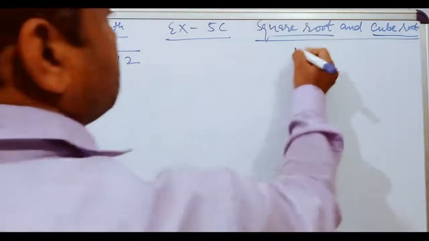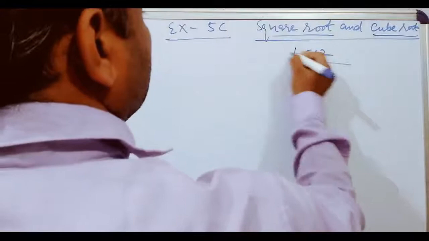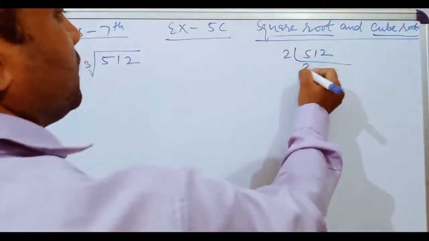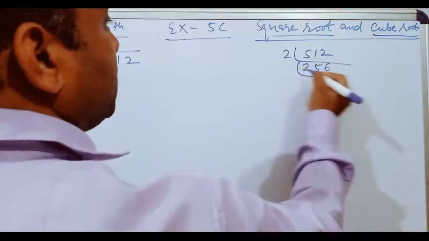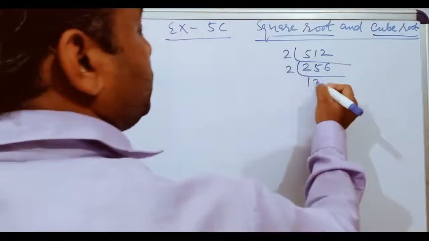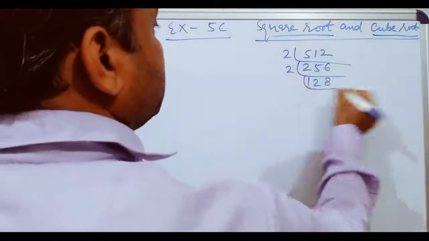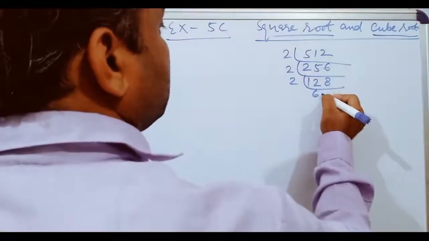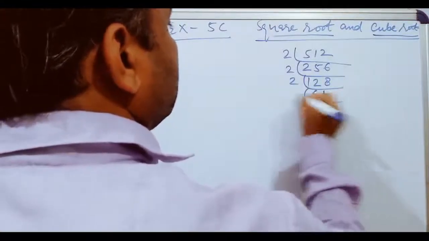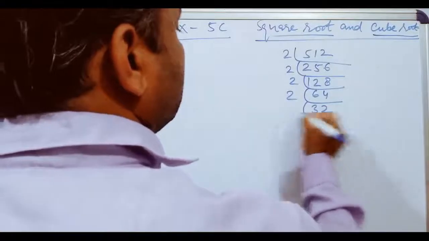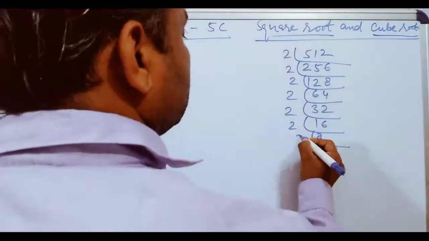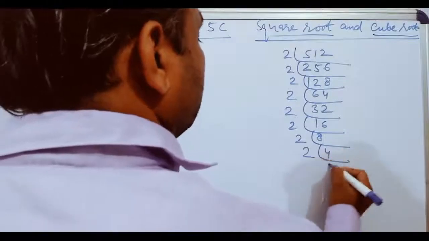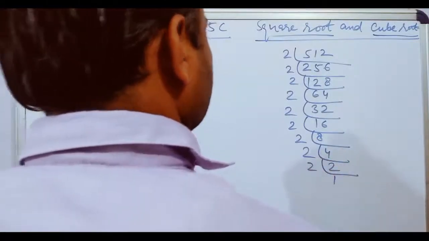Now, we will factorize. 2 2s are 4, 2 4s are 8, 2 8s are 16, 2 16s are 32, 2 32s are 64, 2 64s are 128, 2 128s are 256, 2 256s are 512.